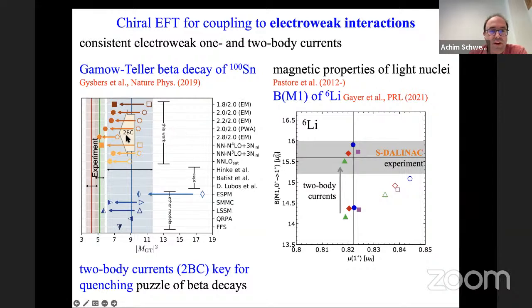If you include these chiral currents that are largely predicted, you get down to these filled symbols, and all the filled symbols are closer to the two most recent experiments, which still have relatively large uncertainties. So these two-body currents are very important. And if you're into weak interaction physics or double beta decay, then all these two-body currents play a leading role in understanding what is known as the quenching of beta decays.